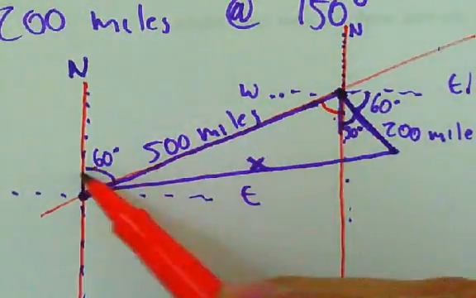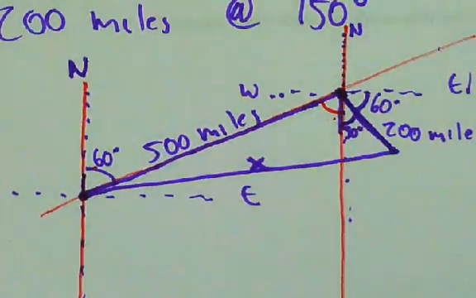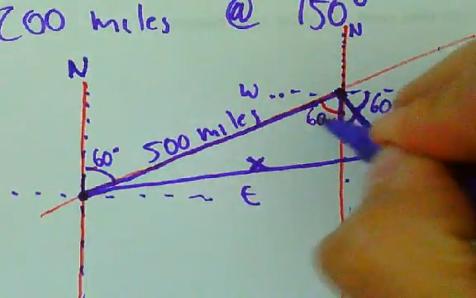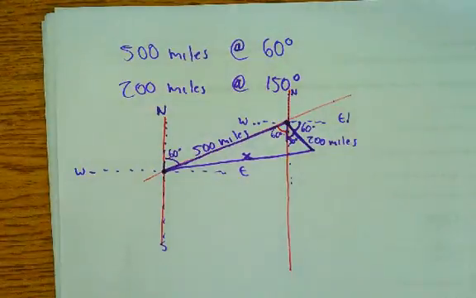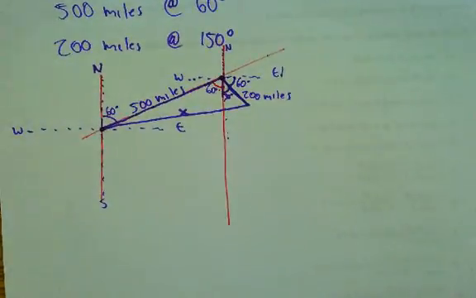Therefore, now you know that you have a 90-degree angle, which means that you have a right triangle, which means that you can use Pythagorean theorem to figure out x. So, find out what the distance is from the airport to where the plane is located.